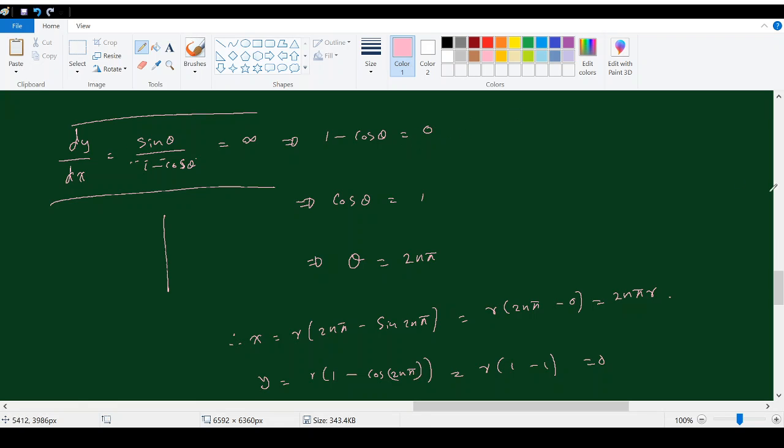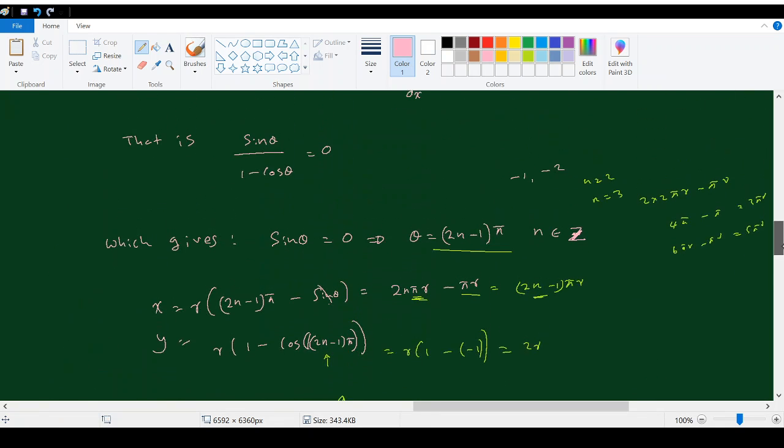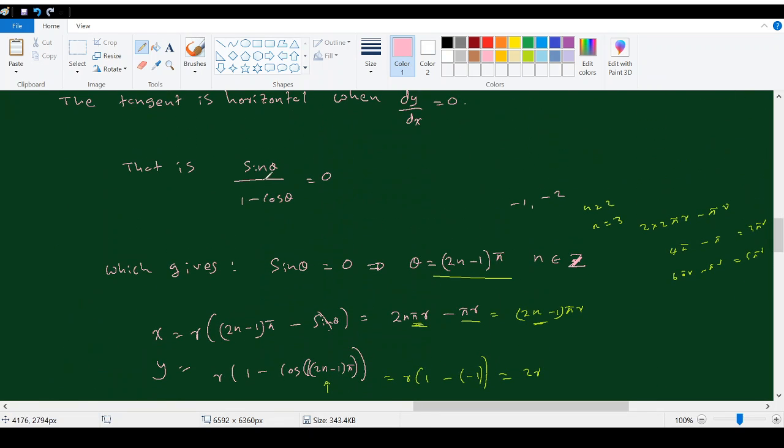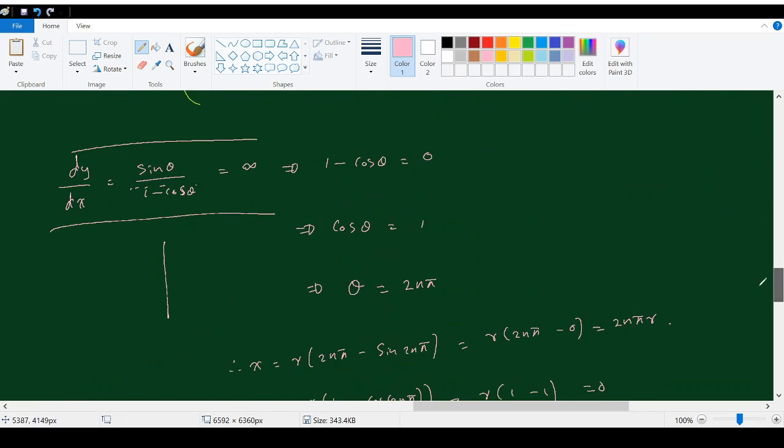And in all these equating to 0 cases, if we are equating the numerator, we should make sure that the denominator is not equal to 0, and if we are equating the denominator, we should make sure that the numerator is not equal to 0, right? And in this case, since this is infinity, we should equate the denominator, right?